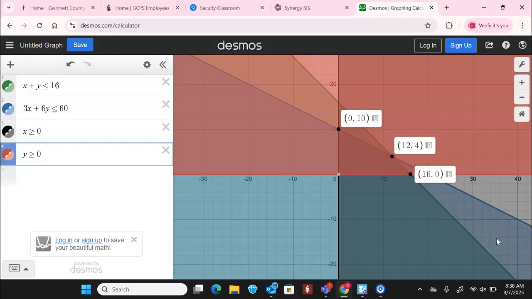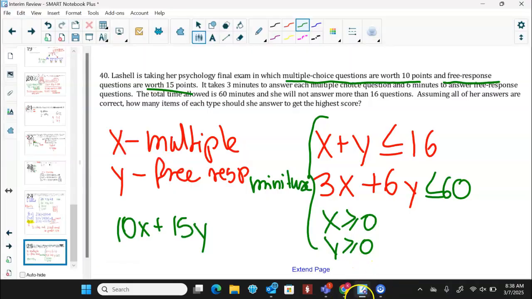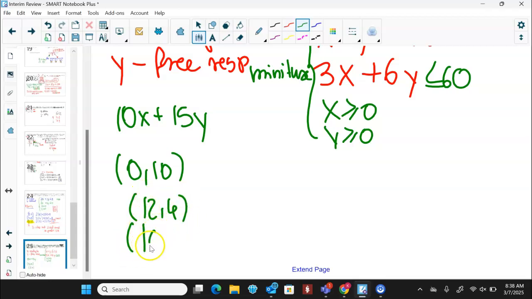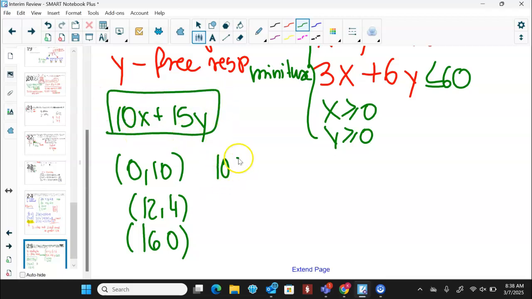So the 3 points are (0, 10), (12, 4), and (16, 0). So let me extend my page here. All right, so we're going to plug that into our equation. So 10 times 0 plus 15 times 10 equals 150.